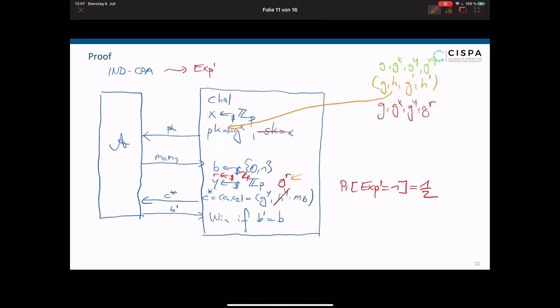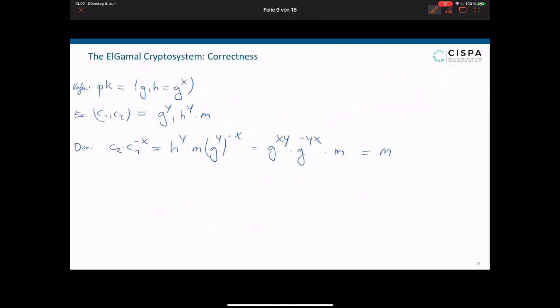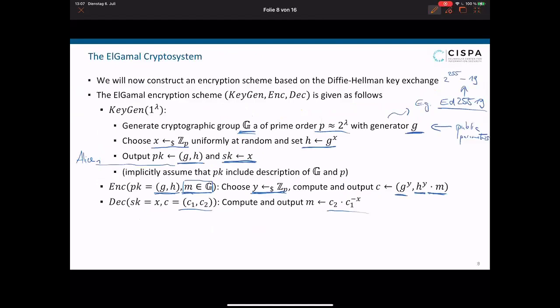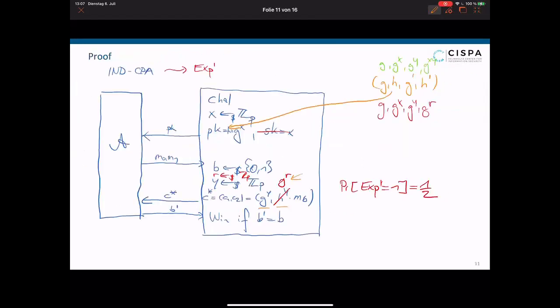I mean, here I'm sending G to the Y, comma, H to the Y times MB. This is the same as here, right? G to the Y and H to the Y times M. So, all right, good. But now H I can take from here.